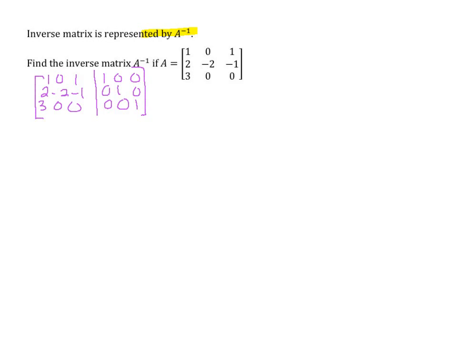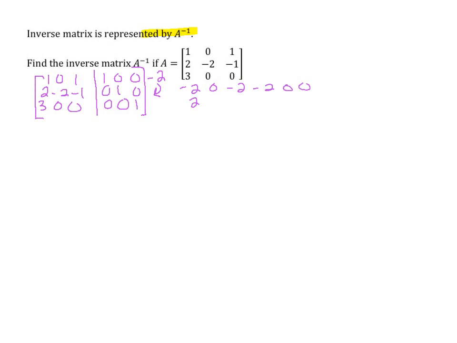If I need to have zeros in the 2 and the 3 space, I'm going to multiply my top row by negative 2 and then add it to my middle row. So negative 2, 0, negative 2, negative 2, 0, 0.